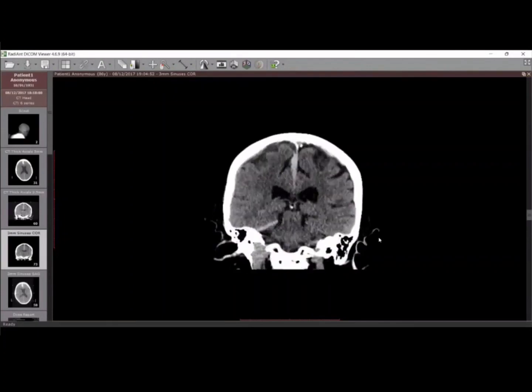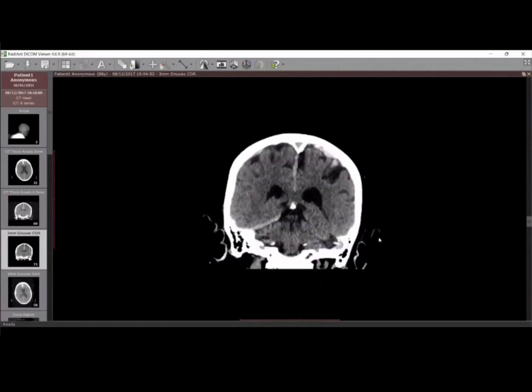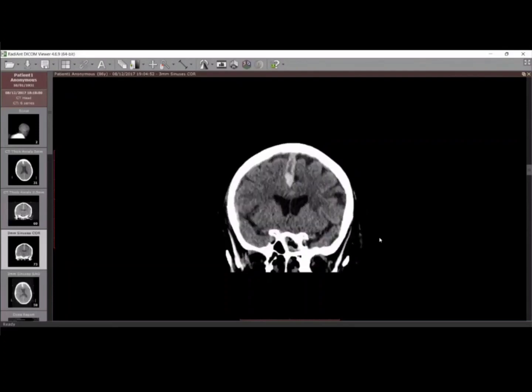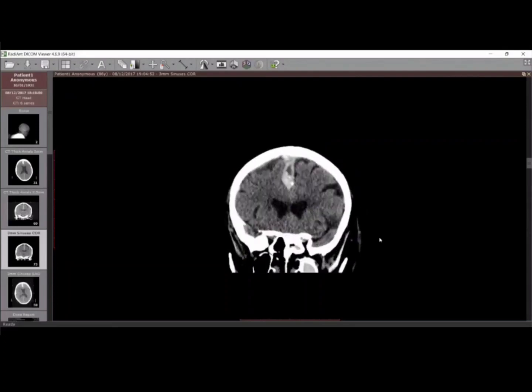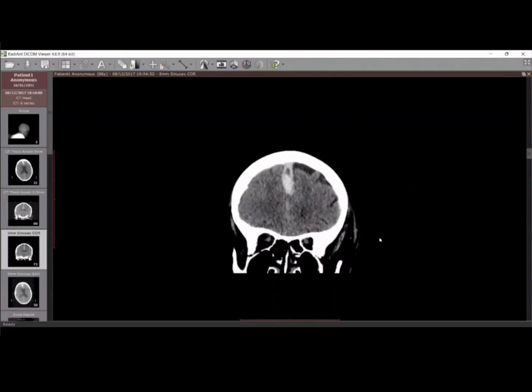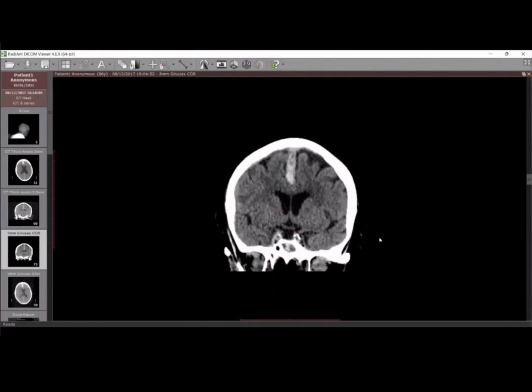I'm more inclined towards a right parafalcine subdural hematoma with hypodensity, which can be explained by some arachnoid tear, which has gotten mixed with the high density blood. So I would convey these findings to the neurology and ask about the neurological status of the patient.